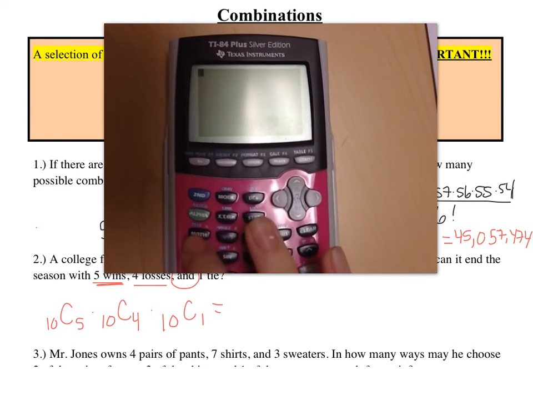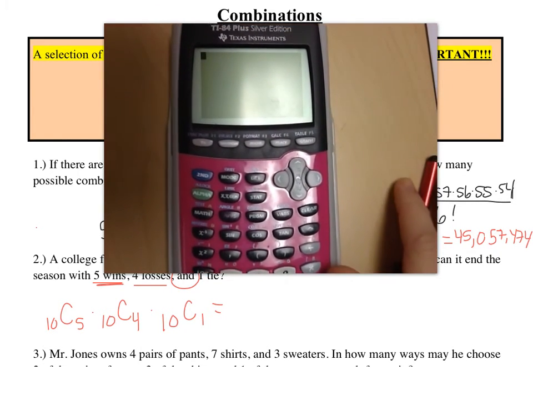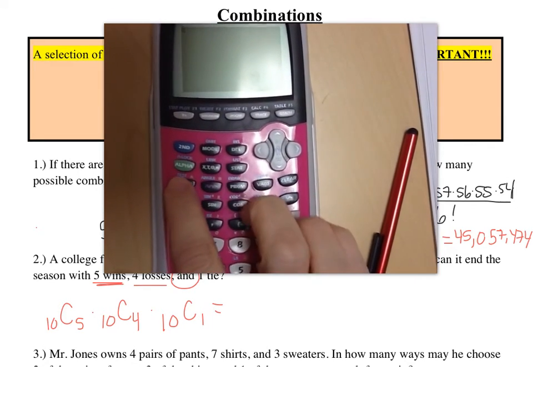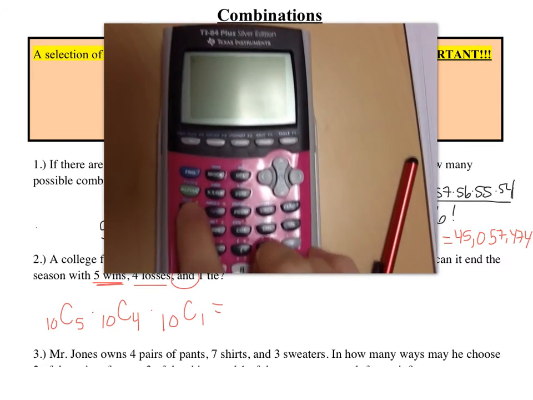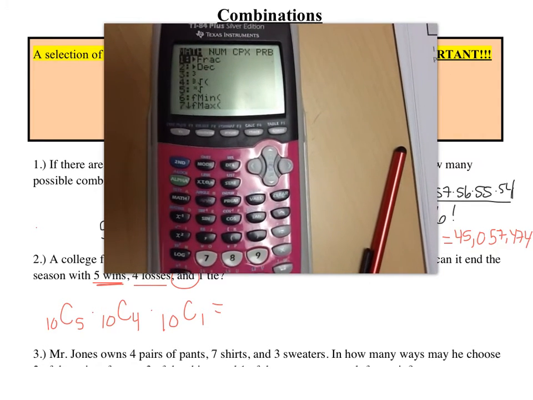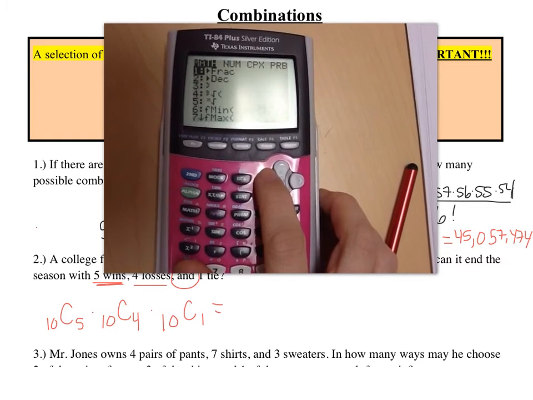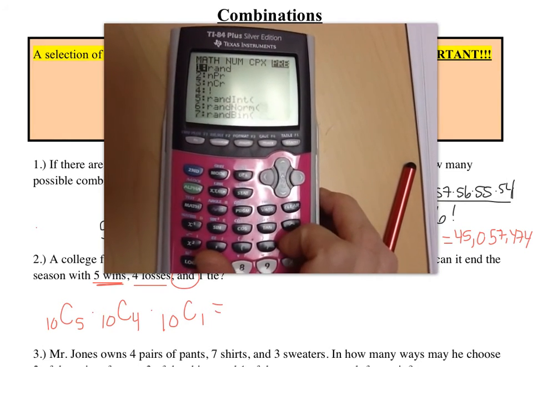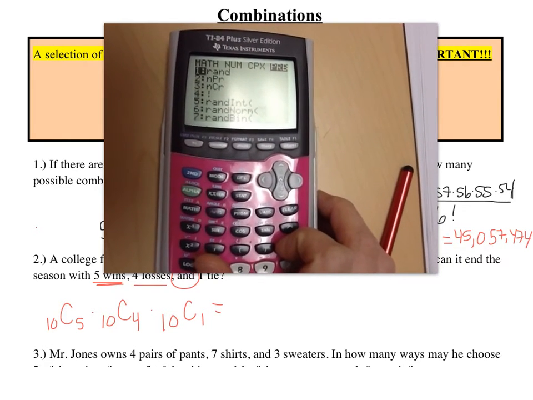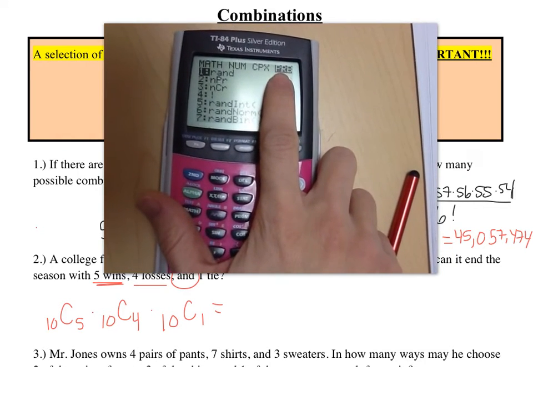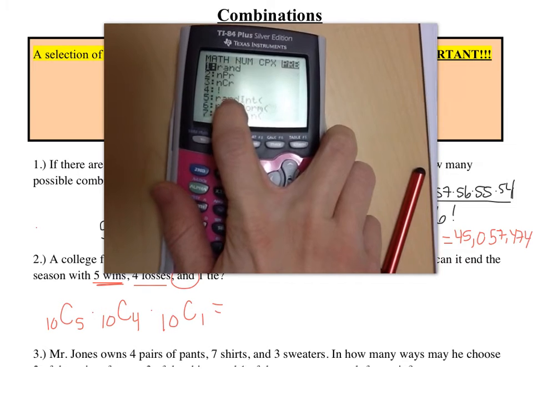Okay, so here on your graphing calculator, you're going to hit the math button right here on the left-hand side, and that's going to bring up these menu options. You're going to go over to probability, the PRB, so I'm going to hit the left arrow to jump all the way over there. You could hit the right arrow 3 times, however you want to do it so that you can get over to this menu. And you see all of these different options.